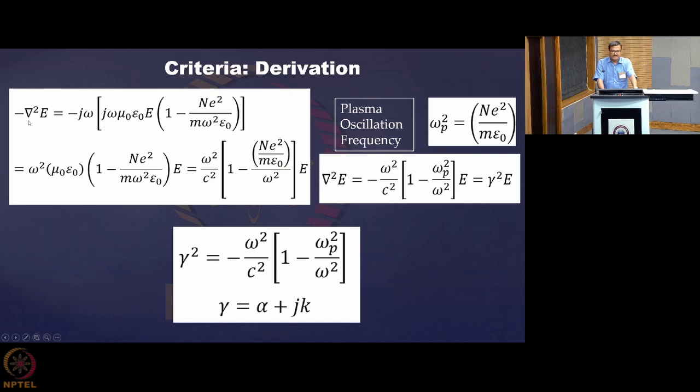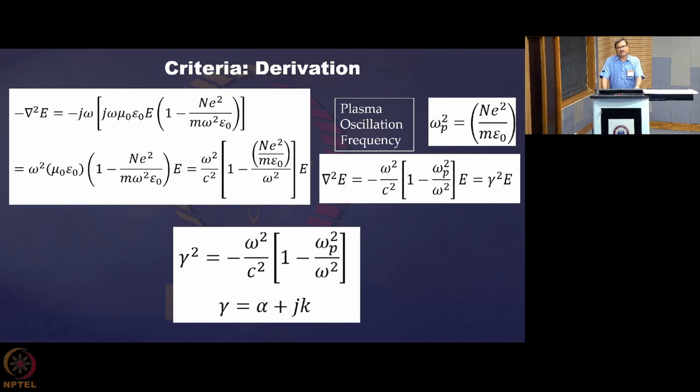So this is del square E, minus sign was over here, and this was plus, so I take the minus sign to the right side, and I get omega square by c square into 1 minus omega p square by omega square into E. So that is equal to gamma square E. So gamma square, if you compare this side and this side, is equal to minus omega square by c square into 1 minus omega p square by omega square.